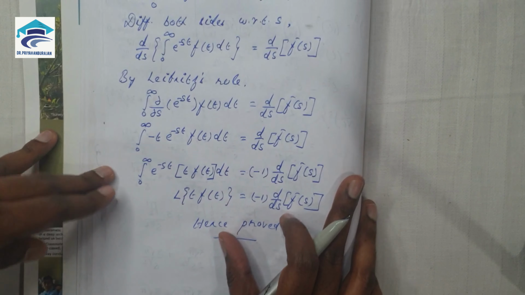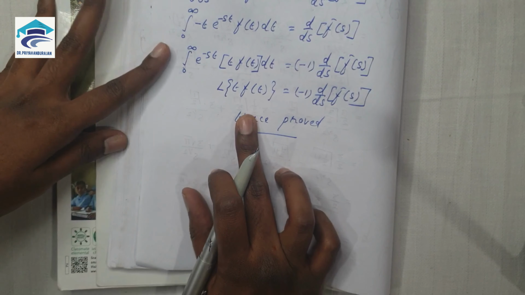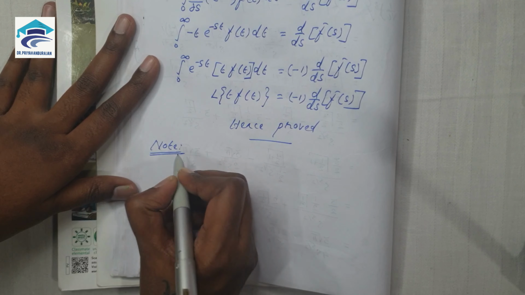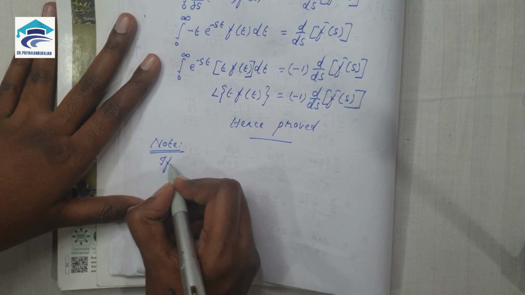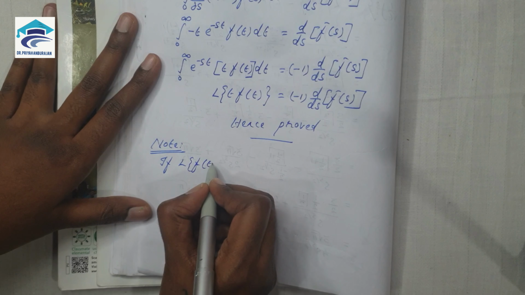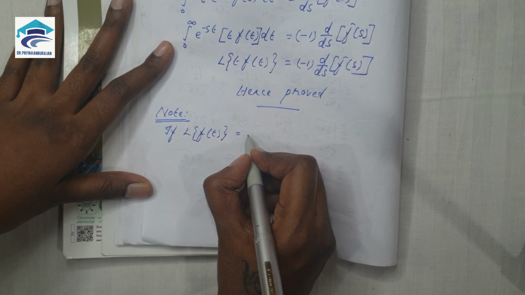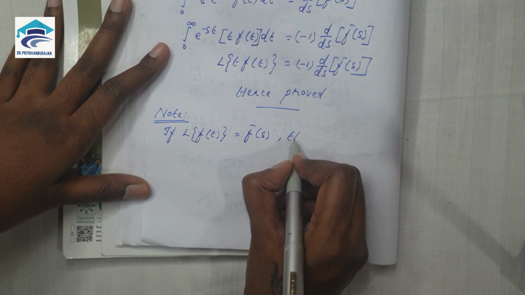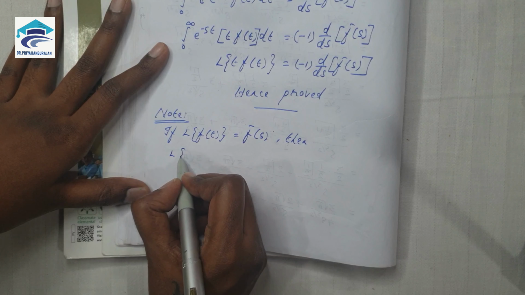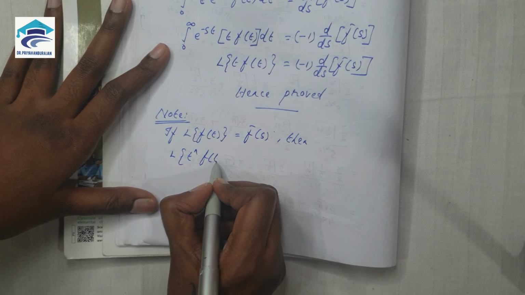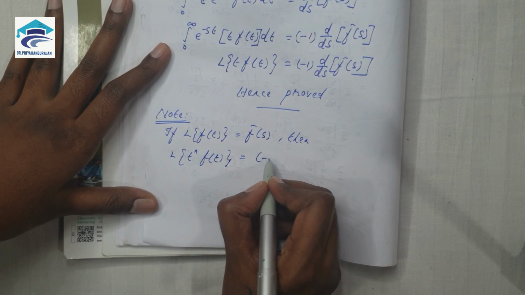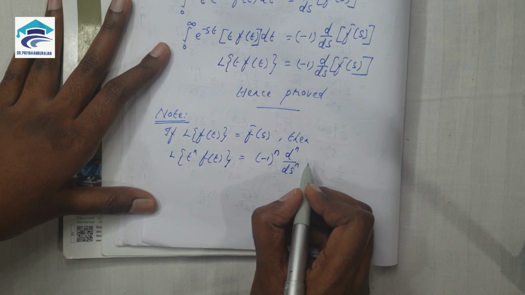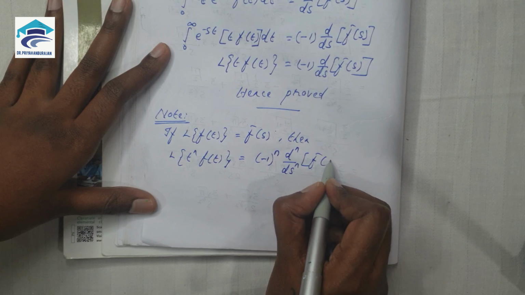So this theorem is for t. For t power n, we can write it as a note. If L of f of t is equal to f bar of s, then L of t power n into f of t is equal to minus 1 the whole power n, d power n by ds power n of f bar of s.